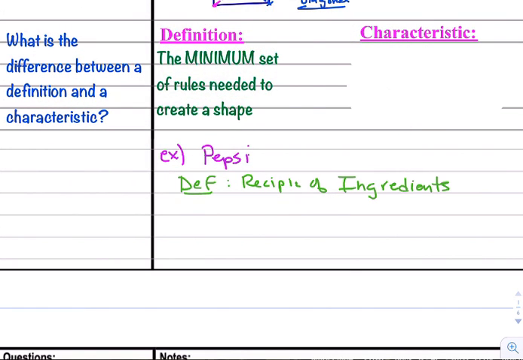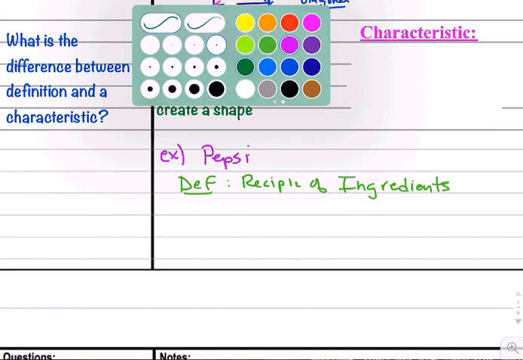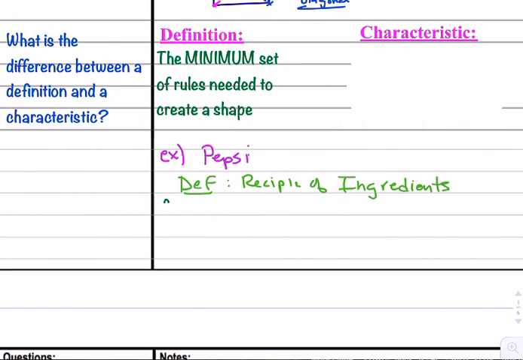In contrast to that, if you think about the characteristics of Pepsi, okay? The characteristics of Pepsi, well, I'm talking about like how is Pepsi? How does it taste? Is it smooth? Is it sugary? Is it sweet? What are the things that are true about Pepsi once you know you have Pepsi?